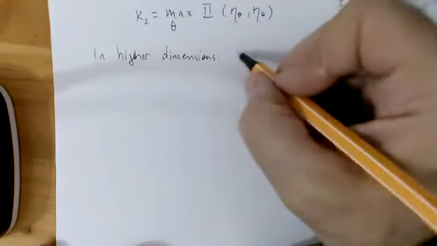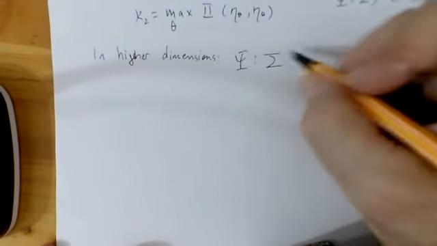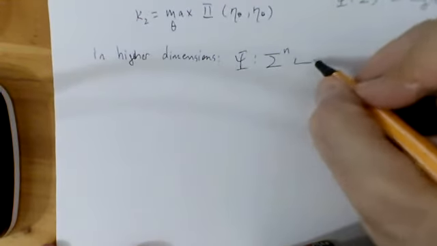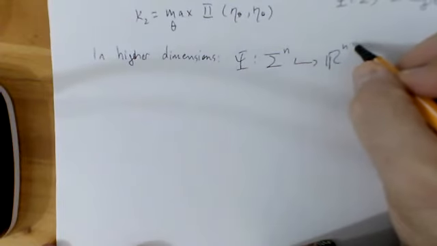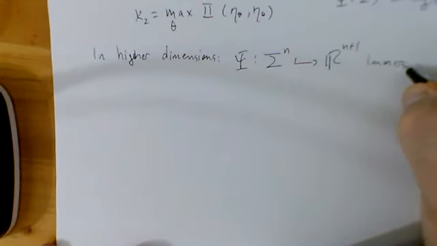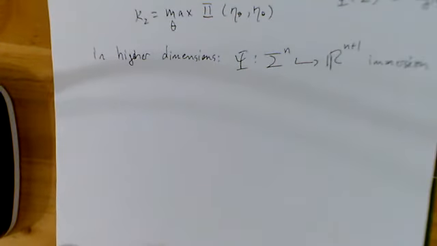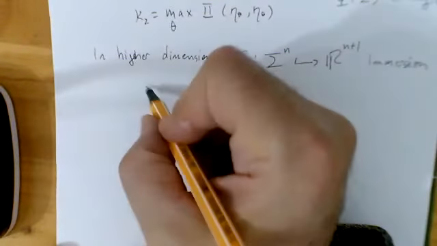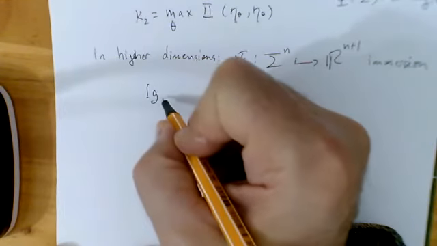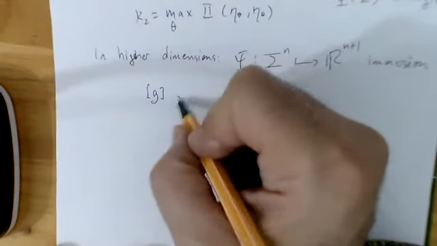In higher dimensions, of course, I'm going to have some immersed submanifold in R^(n+1). I can still make sense of the first fundamental form, the metric.